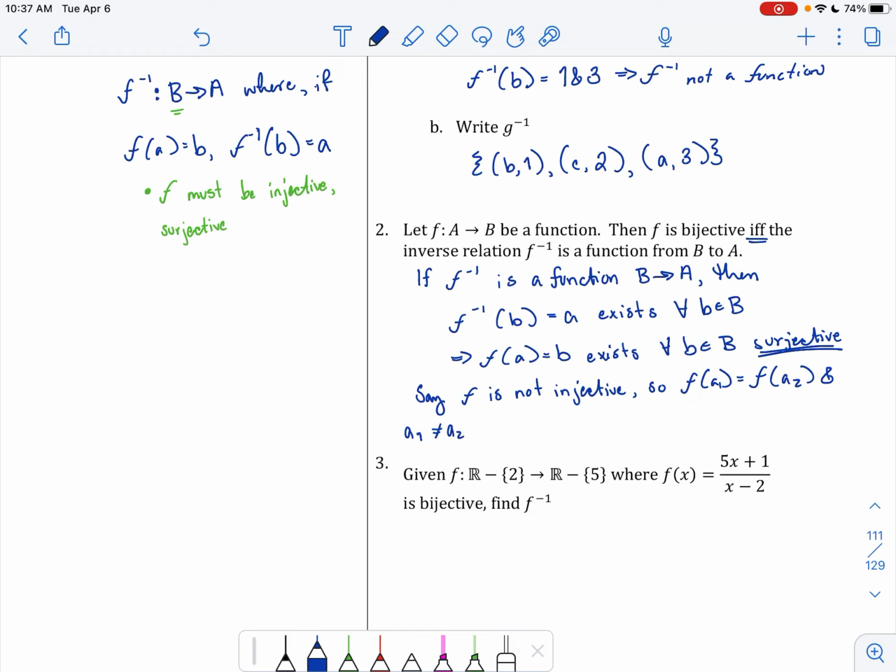I'm going to say that those are both equal to b. So f inverse of b is then equal to a1, and f inverse of b is equal to a2, which would mean f inverse isn't a function, but that's our contradiction. So therefore, it must be injective.